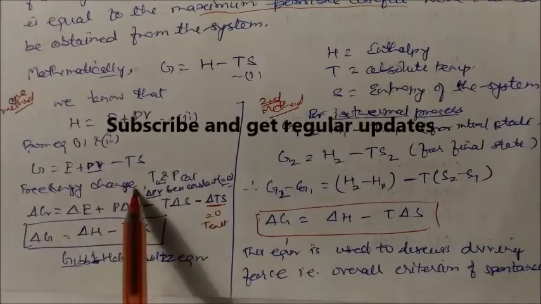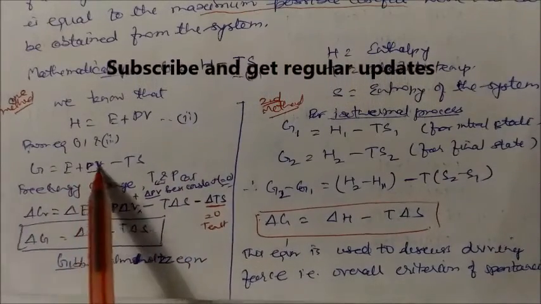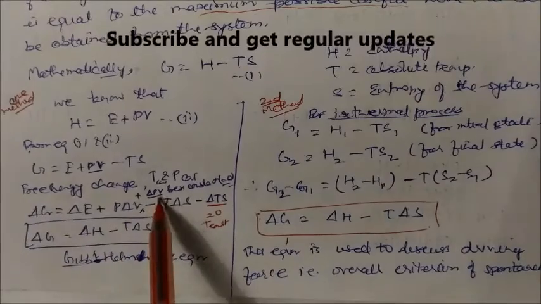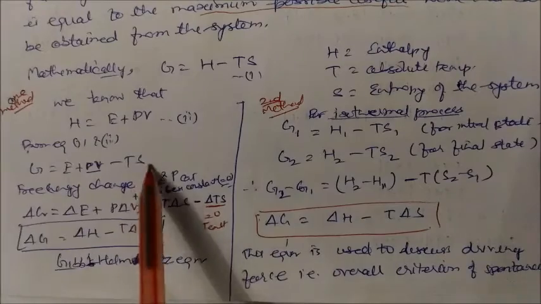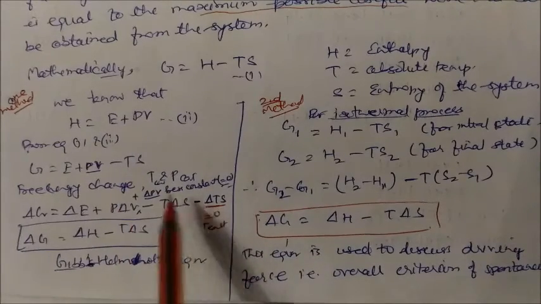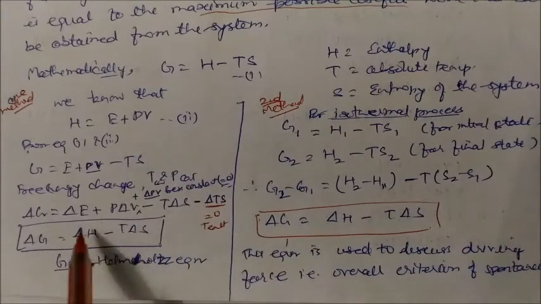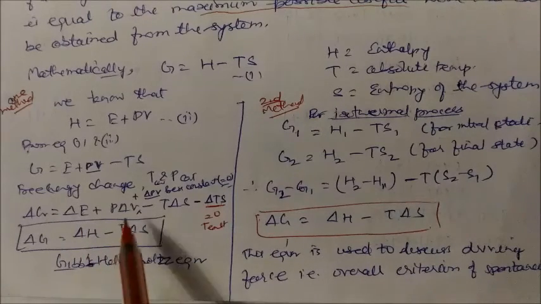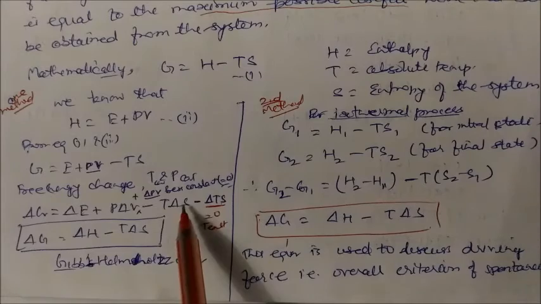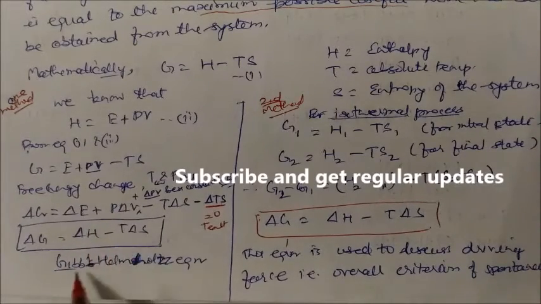For a free energy change at constant temperature and constant pressure, we can write delta G equals delta E plus delta of PV, which is written as P delta V plus V delta P, minus T delta S minus S delta T. Now at constant temperature delta T is 0, and at constant pressure delta P is 0. So we ultimately get delta E plus P delta V minus T delta S. This delta E plus P delta V is nothing but delta H, so delta G equals delta H minus T delta S. This is the Gibbs-Helmholtz equation.